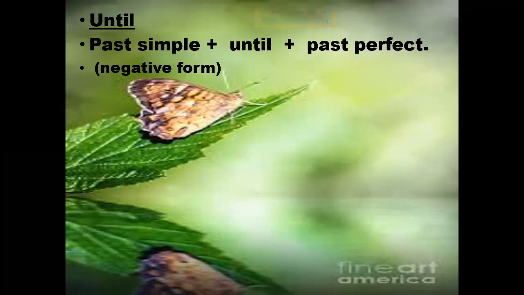So until always comes in the middle of the two sentences, the first sentence must be in the past simple negative form, and the second sentence which follows until must be in the past perfect tense, which is the first action.